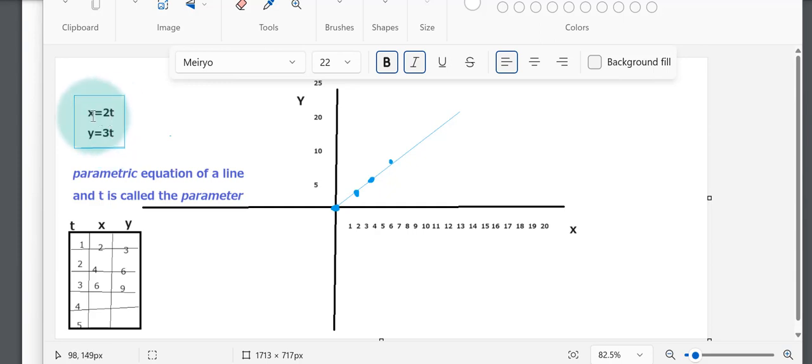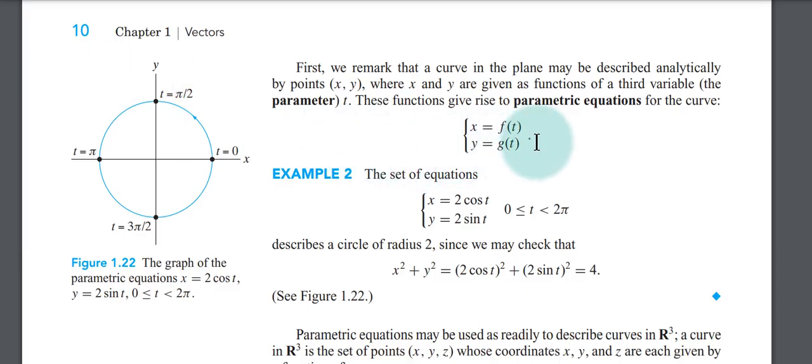But anyway, the point is we have x as a function of t and y as a function of t. We can call those functions anything. We can call them f and g, we can call them whatever we want. So in general, we're not going to stick with just 2t and 3t. We're going to allow that x is some function of t and y is some other function of t. So actually in this first example, it's a little bit confusing, I think, to do this with the first example, but that's what they're doing.